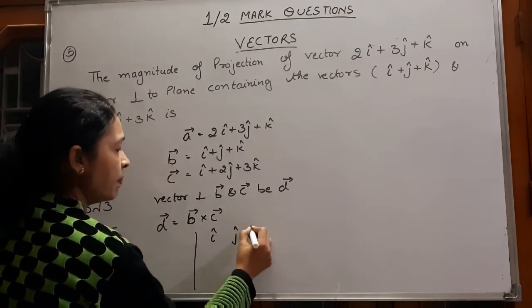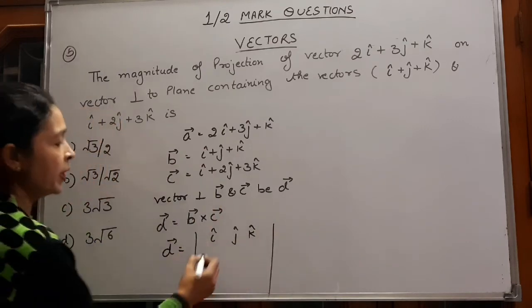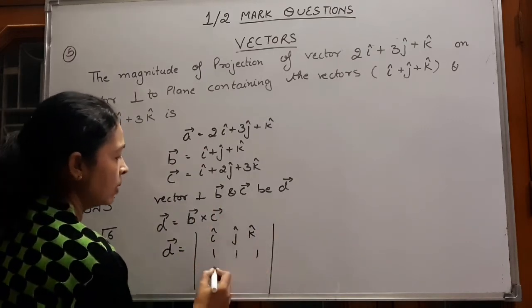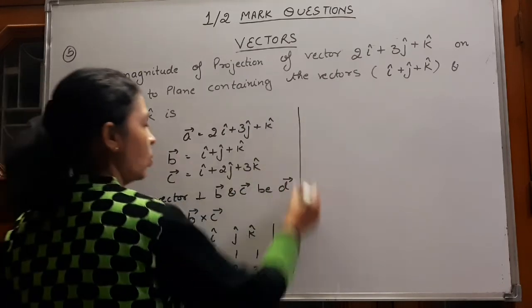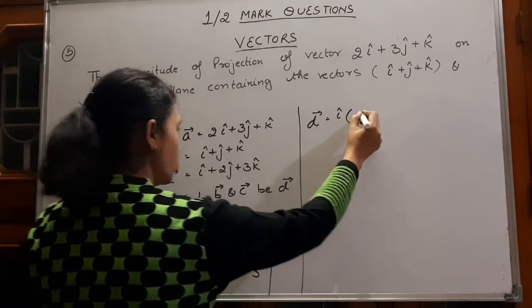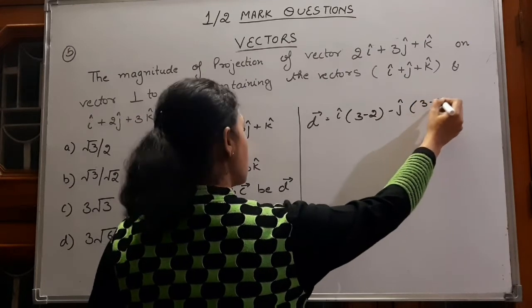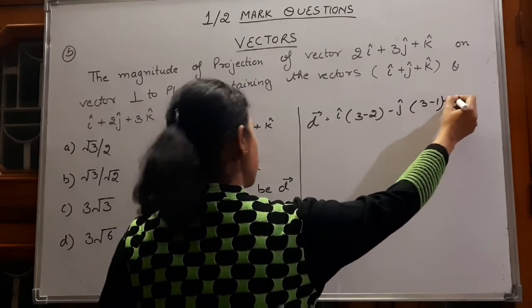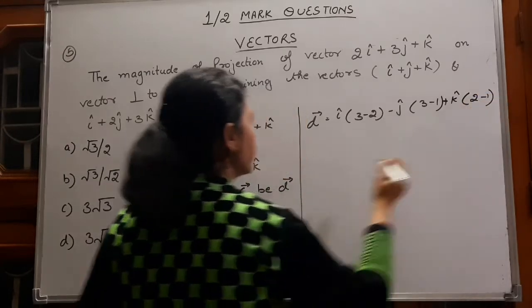i cap, j cap, k cap. Vector D will be B cross C. Components of vector B are 1, 1, 1 and C is 1, 2 and 3. Now our vector D will be i cap (3 minus 2) minus j cap (3 minus 1) plus k cap (2 minus 1).